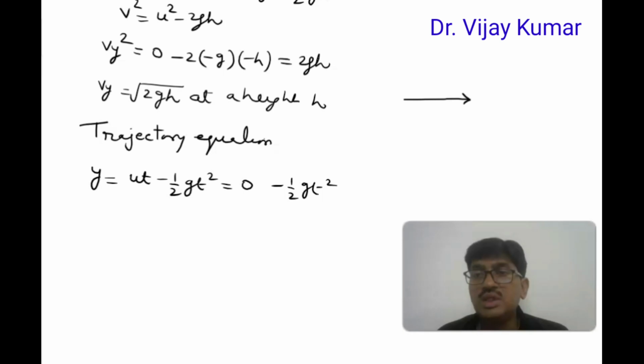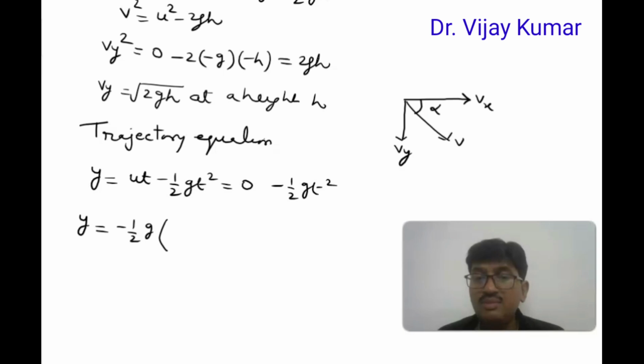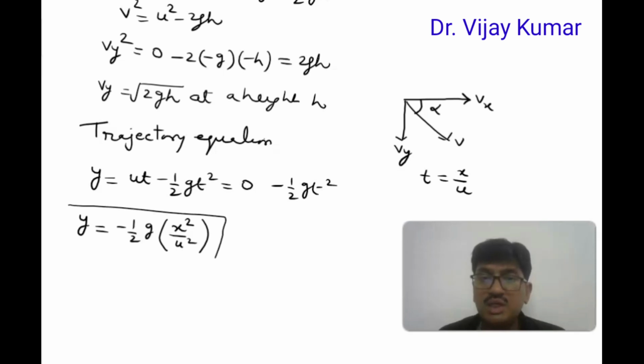Suppose this is the direction of vx, this is the direction of vy, and this is the direction of resultant velocity, and this is angle alpha. Now y equal to minus half g, time should be equal to x upon velocity, so it becomes x square upon u square. This equation represents the equation of trajectory path.